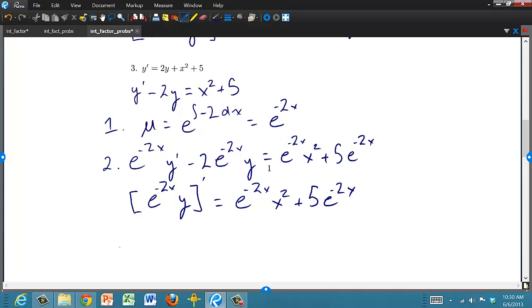And now step 3, you get to integrate. Now this integration is not difficult, but you do need to remember how to do it, and it's a little bit long, so let me get a new piece of paper out here.